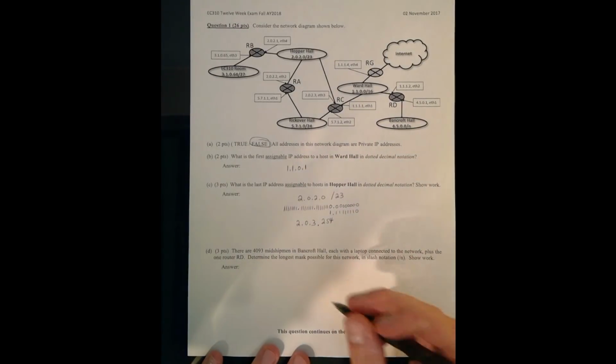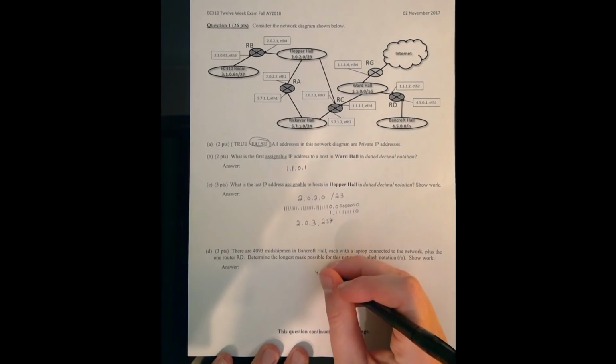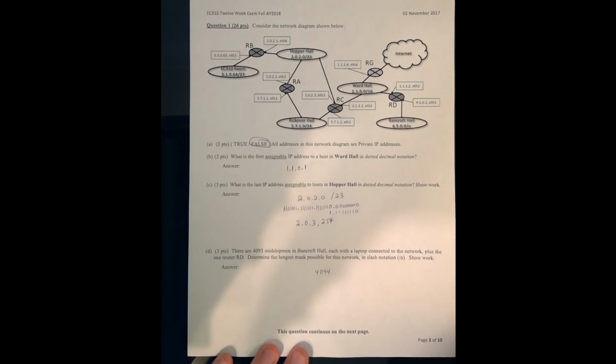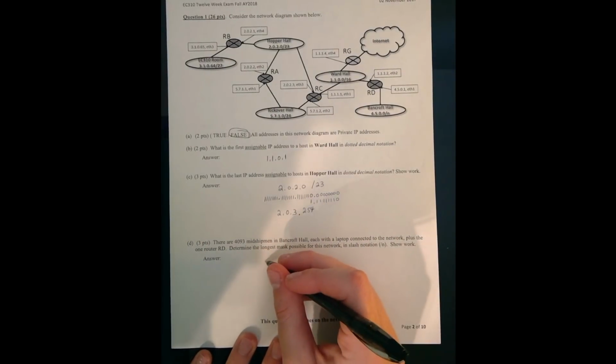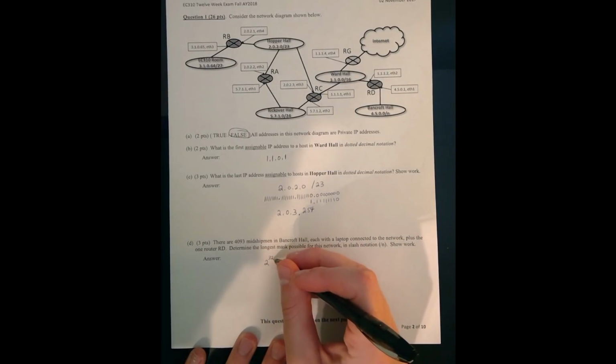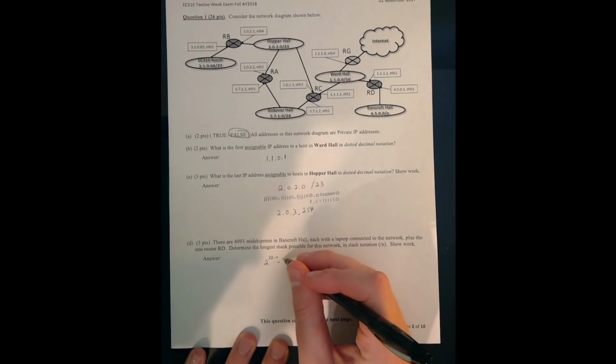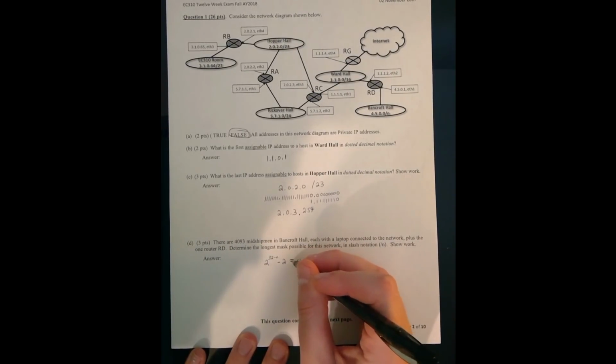Next up, part D. There are 4,093 midshipmen in Bancroft Hall, each with a laptop connected to the network, plus the one router, RD. So RD is also assigned a network address. So we are actually using 4,094 addresses in Bancroft Hall. You remember, if we're trying to find slash notation from how many hosts we have, we're going to use the equation 2 to the 32 minus n minus 2 is equal to the number of hosts.